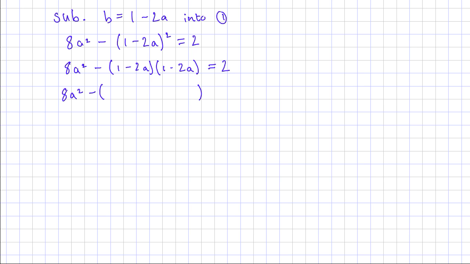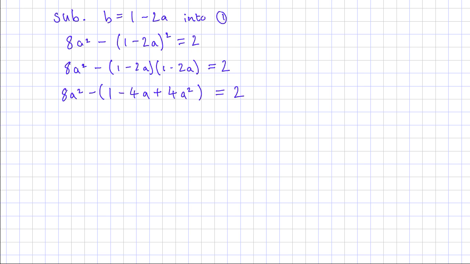So 1 times 1 is 1. Then I have 1 times minus 2a is minus 2a. And then minus 2a times 1 is another minus 2a. That makes minus 4a. And minus 2a times minus 2a is plus 4a squared. And that's equal to 2.